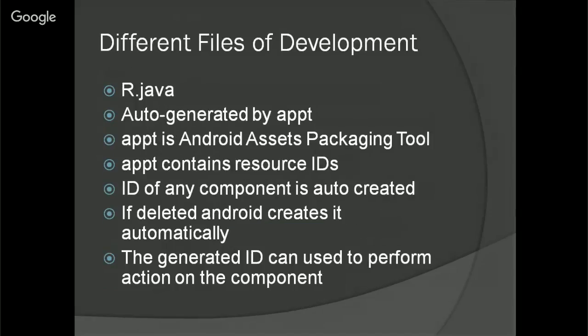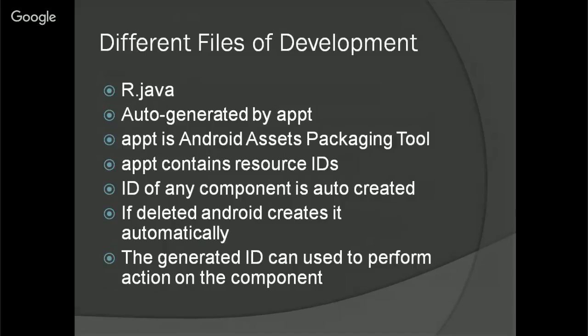There are different files, as I already said. R.java is inside the Java folder, which is auto-generated by APPT, which is Android Assets Packaging Tool, which generates the ID.